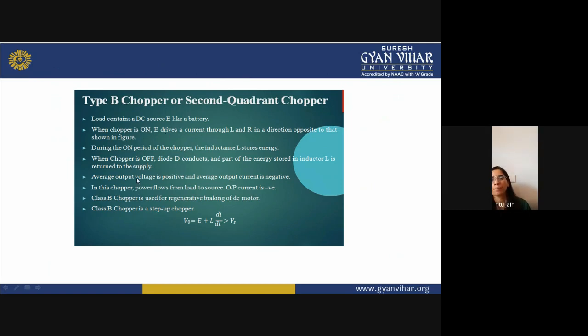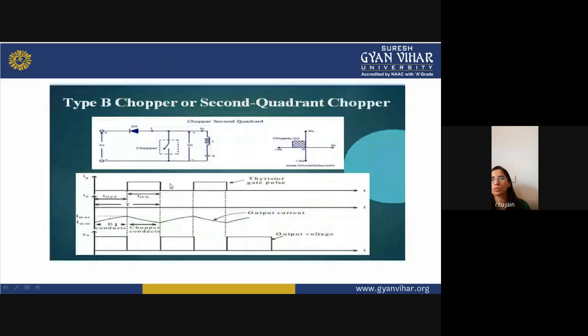So in this case the current flows in the opposite direction. When the chopper is on, the current flows through the battery in the opposite direction and the voltage remains positive. But when you turn off the chopper, what will happen?